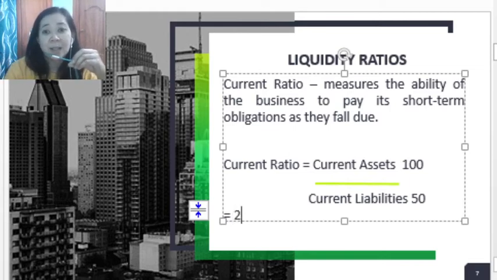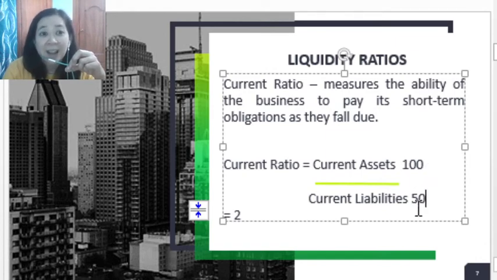So what does this mean? Based on the figures being presented, if your current assets are larger or higher than your current liabilities, just like in our example, then the company is able to pay for their current liabilities because there are greater assets that can be used to pay for the liabilities.